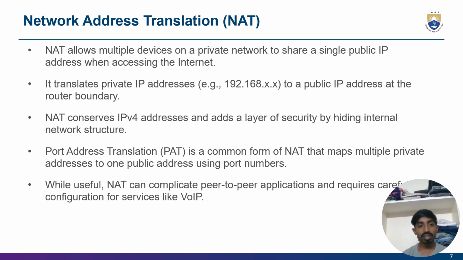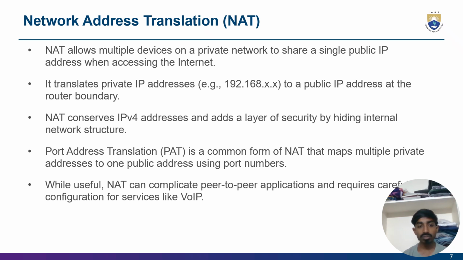Network address translation, NAT. NAT allows multiple devices on a private network to share a single public IP address when accessing the internet. It translates private IP addresses to a public IP address at the router boundary.